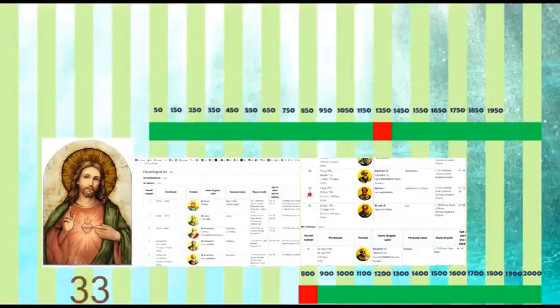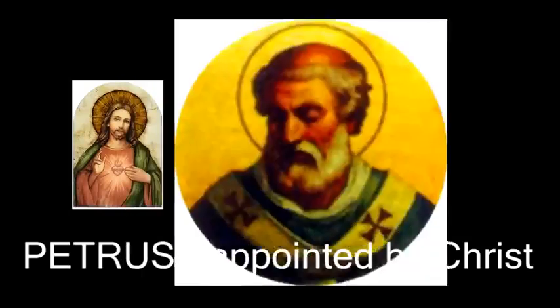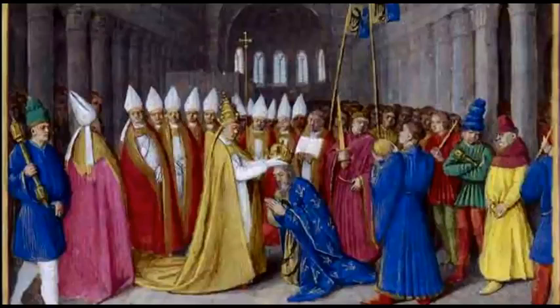That brings us to the year 33, the death of Jesus Christ. That made Peter the first pope appointed by Christ. Now Leo III, as lawful descendant of Jesus Christ, can crown Charlemagne as Emperor of the Holy Roman Empire.